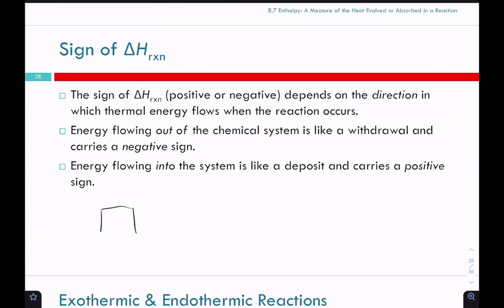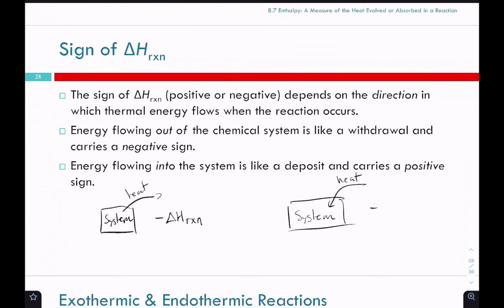That's exothermic, negative delta H. Energy flowing into the system is like making a deposit in your bank account, and we'll have a positive sign. So if we have, let's call this the system, that's our chemical reaction that we're interested in. If heat is leaving the system, it's being taken out of the system, that's negative delta H of reaction. If we have our system and heat is going in, it means it's being added to the system, so it's a positive delta H of reaction.